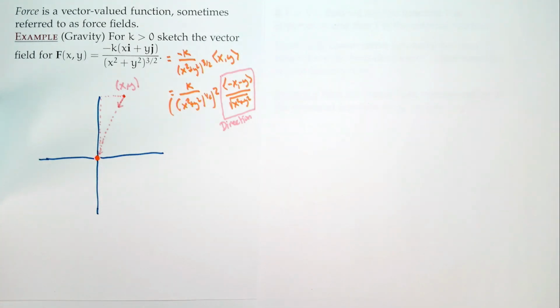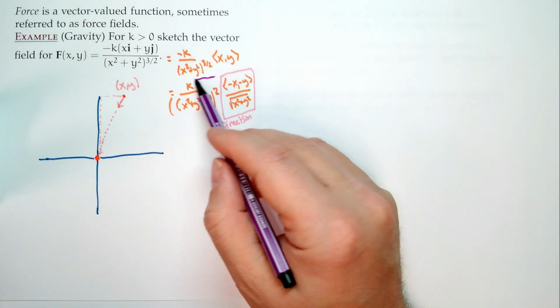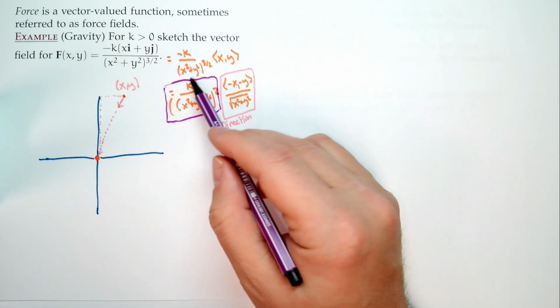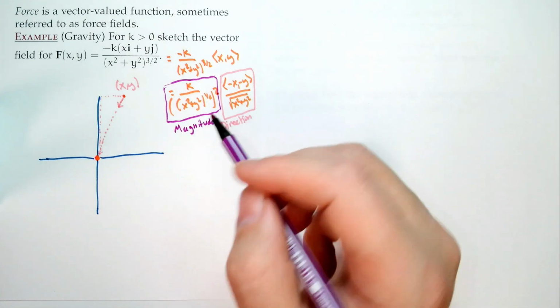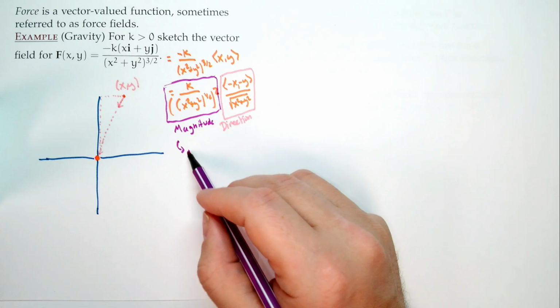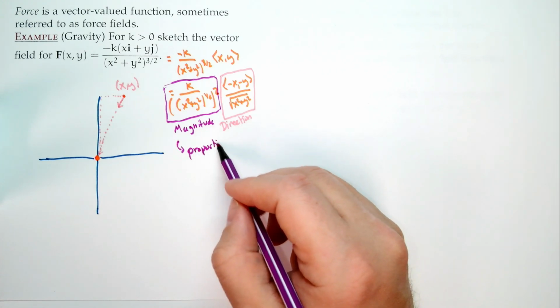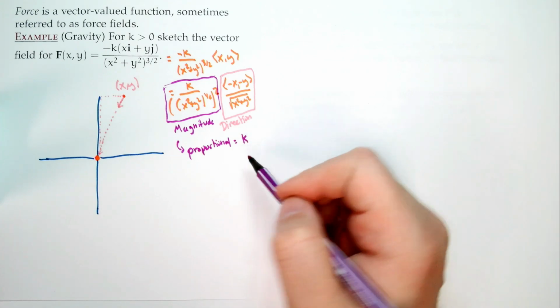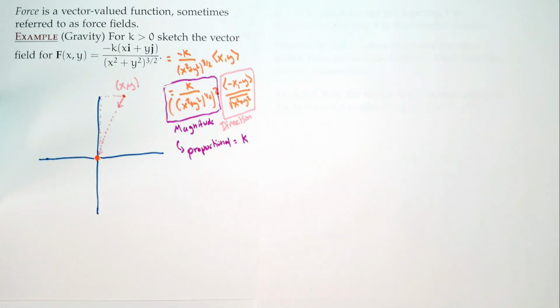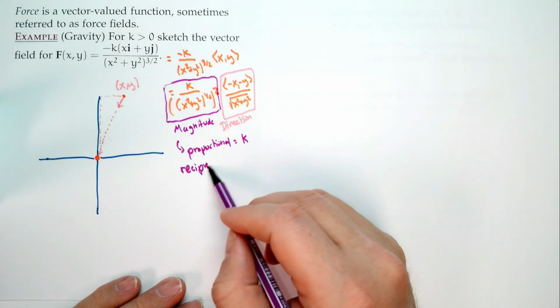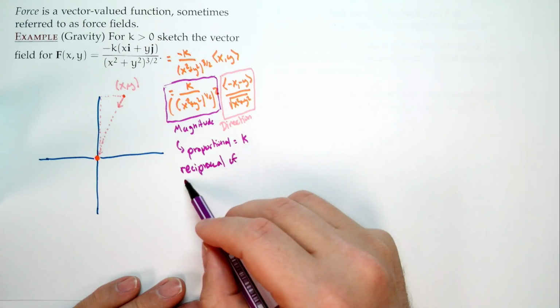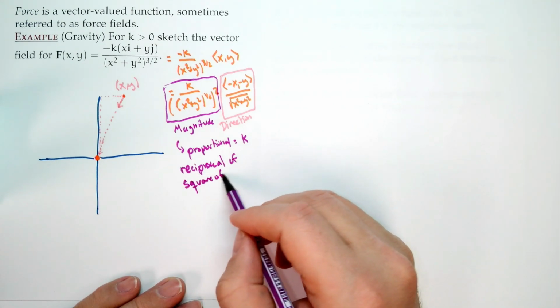But remember, there's another part to vectors, and that is the magnitude of a vector. That's coming from this first part here. So this is our magnitude. Now, if we're gravity, what does the magnitude become? Well, you'll often hear the following: proportional, that means the k. Whenever you hear that something is proportional, the other thing you'll see is the reciprocal of the square of the distance.